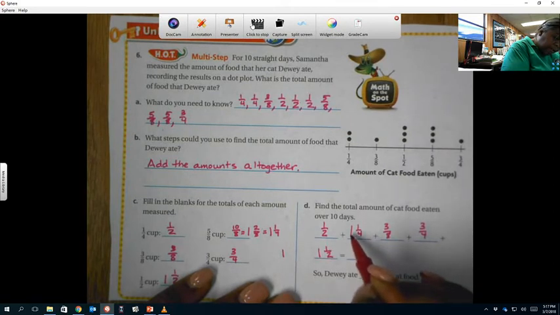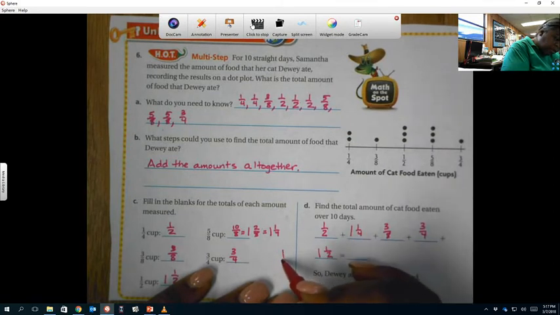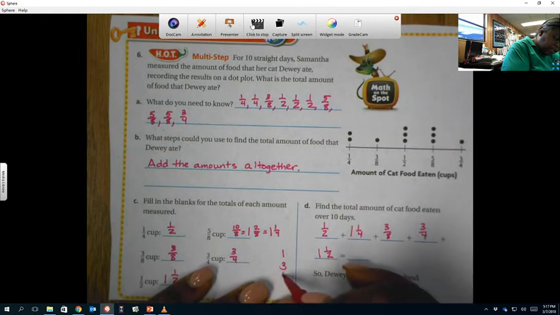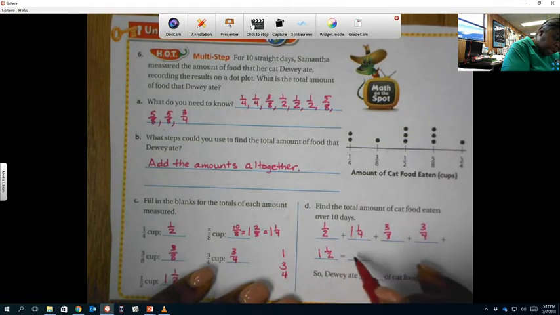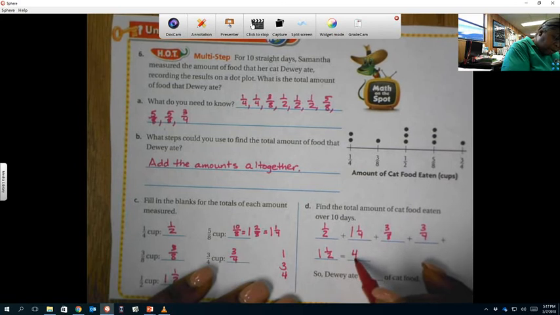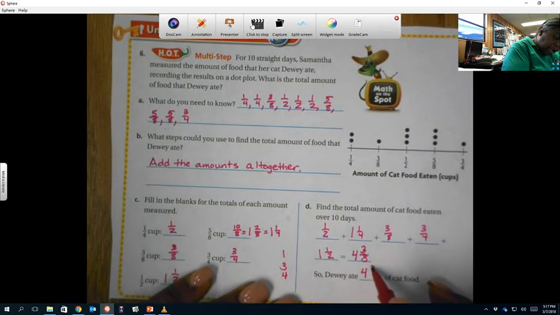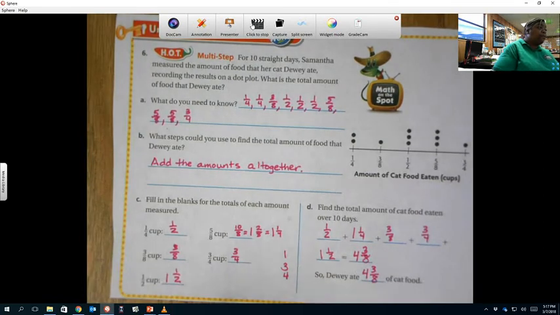Then I have another whole, so that's 3. Then I have 1/4 and 3/4, that's another, that's 4. And then I have 3/8 left. So I have 4 and 3/8. So Dewey ate 4 and 3/8 cups of cat food.